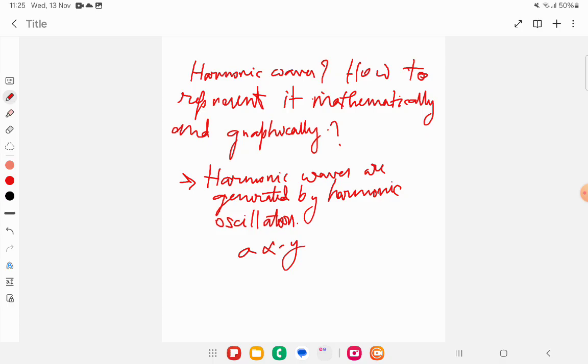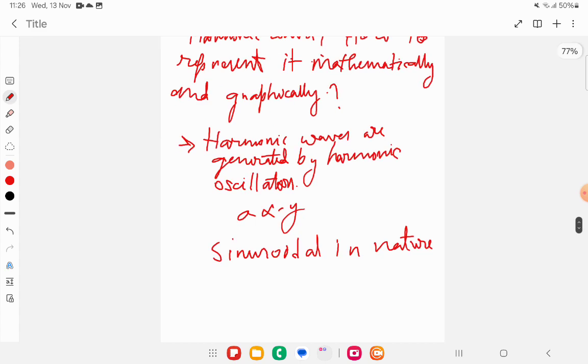Corresponding waves are sinusoidal in nature. Graphically, it can be shown by this.